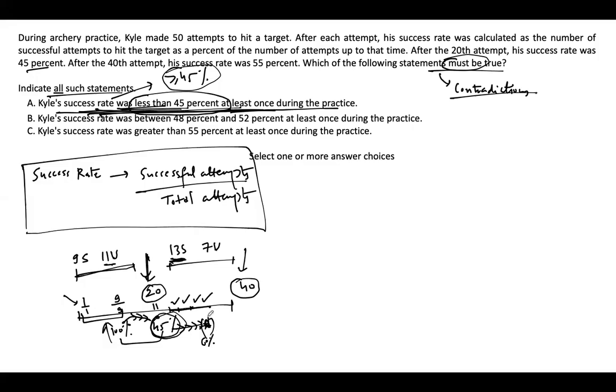What is the final success rate after 40 attempts? 55%. So eventually, even if you're taking 7 unsuccessful attempts, it will only drop down from 60% to 55%. So this need not be true.